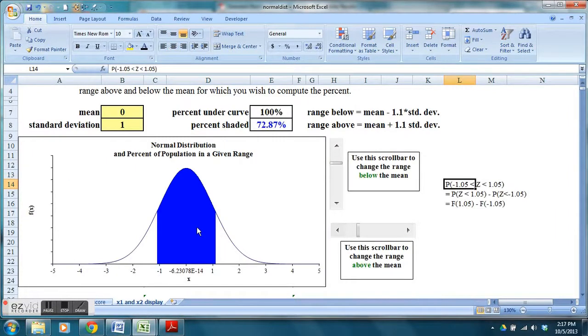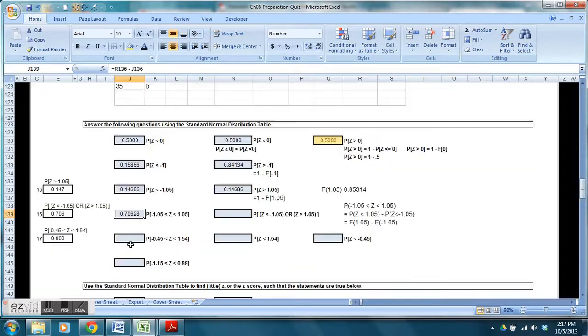Since these two tails are equal, all you have to do is find the probability of one of these tails and take 1 minus 2 times the probability of this left-hand tail. That's the best way of doing it. 1 minus 2, because there's two tails, each with the same probability. There's your correct answer.